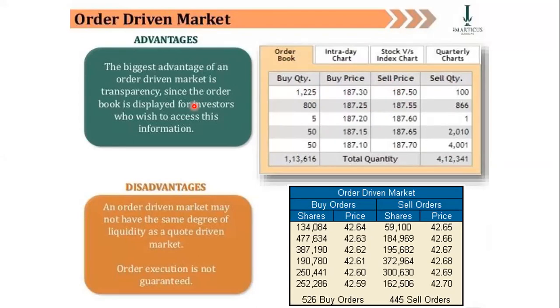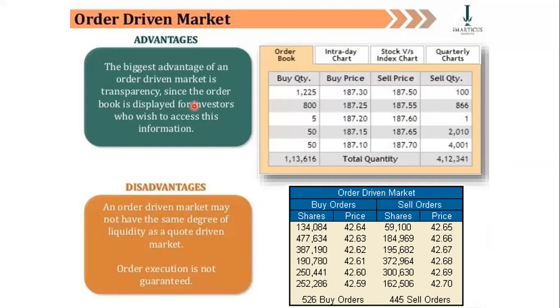They also clearly disclose how many shares are available to sell and how many shares they are going to buy at a particular price. There is no bargaining here. More transparent.